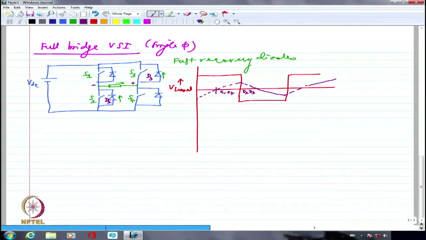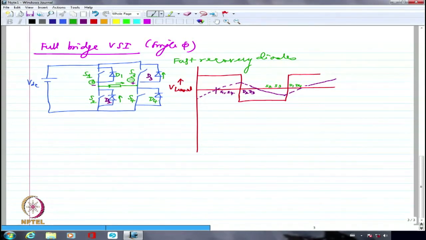Originally, when I looked at the voltage, S1 was connecting positive here and S4 was connecting the negative here. Whatever I have mentioned in green is when I had S1 and S4 conducting. Once they have gone off, I'm going to have D2 and D3 taking over, which is going to have a negative voltage. Similarly, I'm going to have S2 and S3 conducting here, and I'm going to have D1 and D4 conducting here, if I may call this D1 and this D4. So D1 and D4 are going to conduct here.